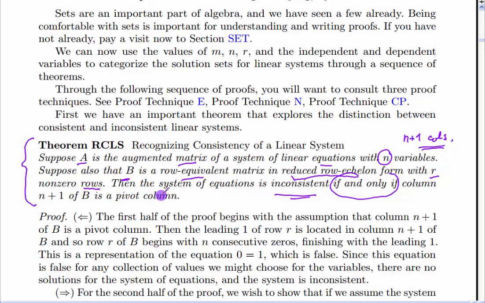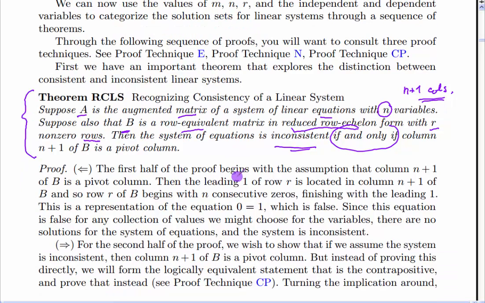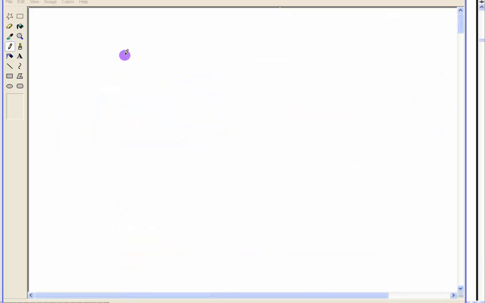All right? So what is this saying? This is saying that all you have to do to tell whether a system is consistent or not is look at the last column. Let me pull up my whiteboard here.